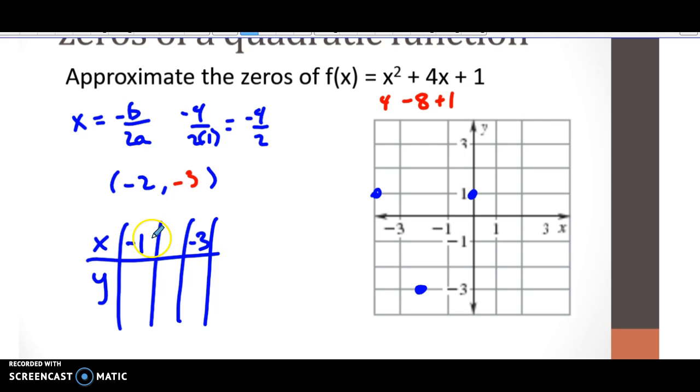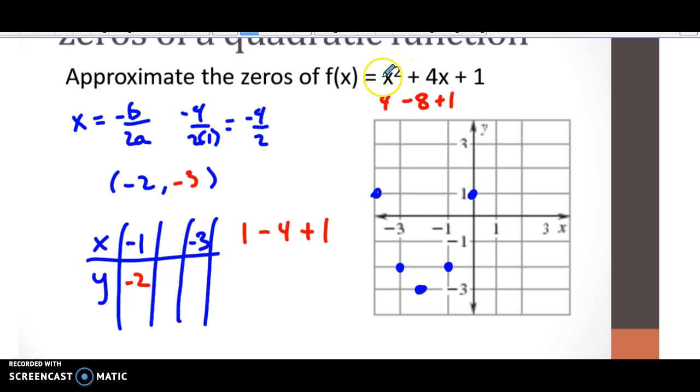So if I put -1 into my equation, then -1 squared is 1, -4 plus 1. 1 minus 4 is -3, plus 1 is -2. So I can plot this point, -1, -2. So I would expect to have a point here, but let's substitute -3 into our equation to check.